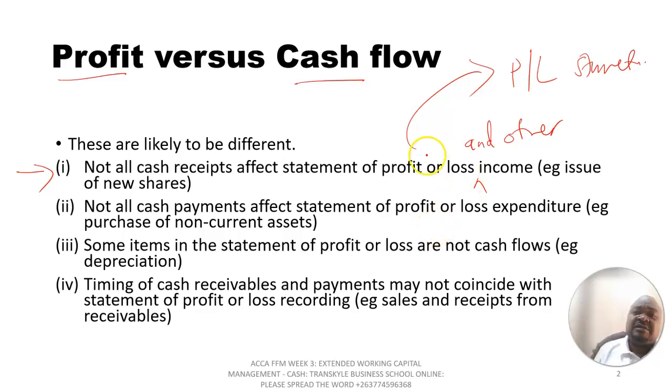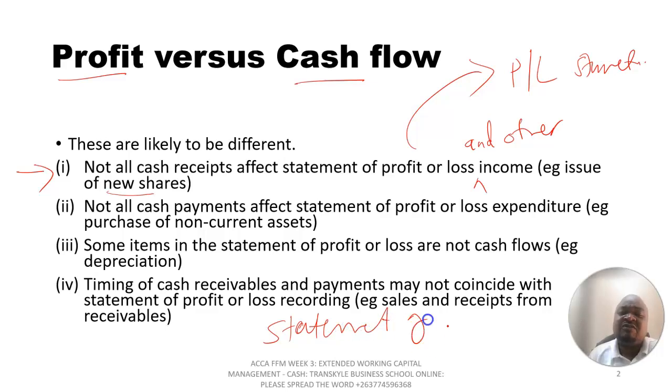All right. For example, if we issue new shares, this transaction is not going to impact our profit, okay, but it will impact our equity. It impacts our capital, which is something that is going to be recorded in the statement of changes in equity, or the statement of financial position.